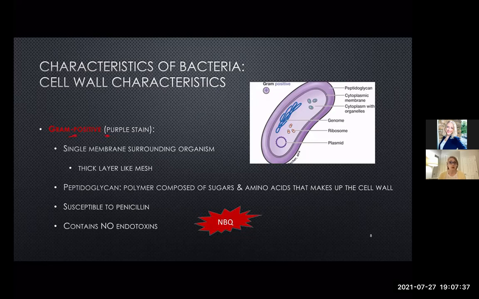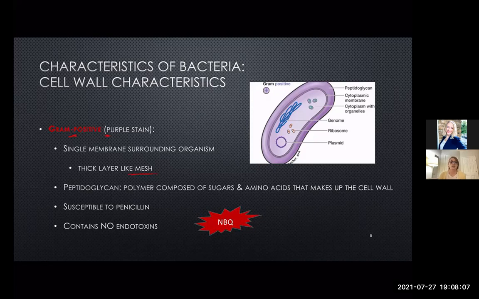So gram positive bacteria have one single membrane surrounding the organism. And it's kind of like a really thick mesh layer. We also see that they have peptidoglycans, which basically are sugars and amino acids that make up the cell wall. So amino acids like proteins, those are really important to the bacterial structure.